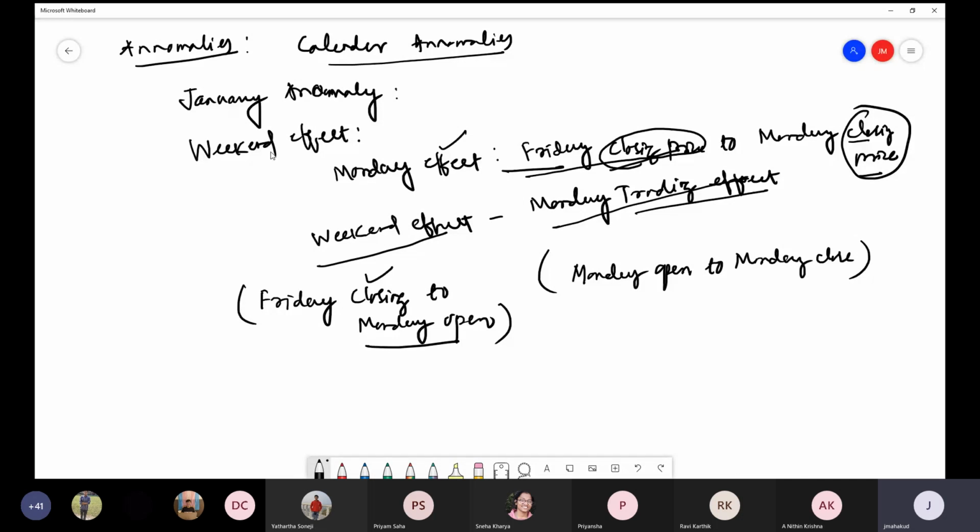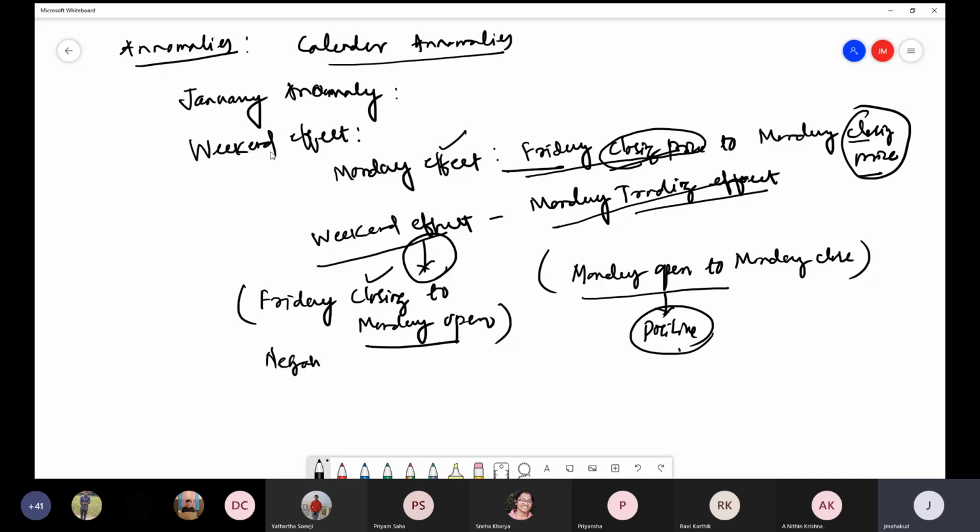Actually, this is called the weekend effect. And on the day of Monday, the pure Monday trading effect is always positive. So that's why the weekend effect may be negative.